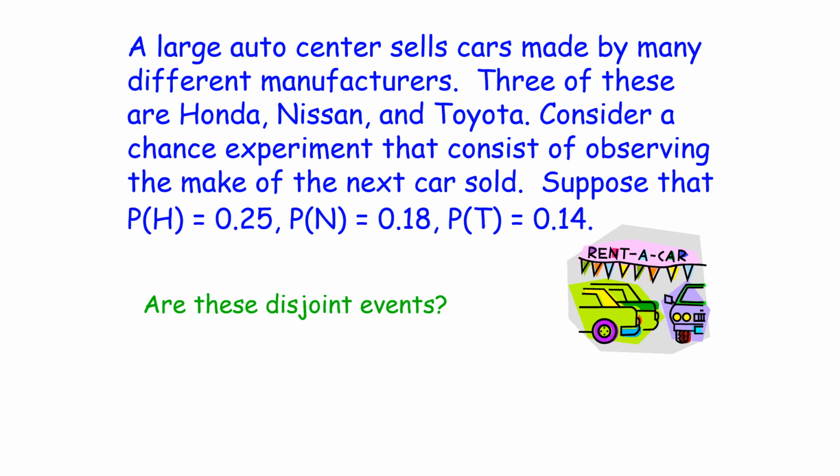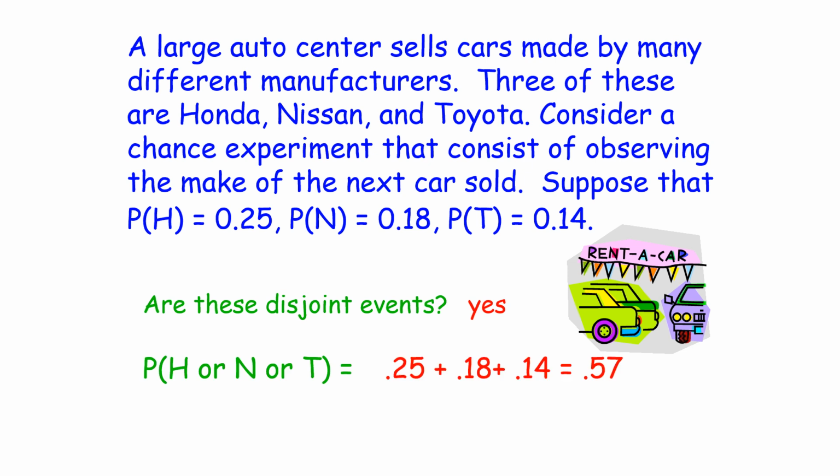Are these disjoint events? Yes, they are. So we have the probability of H or N or T. We can take the 0.25, the 0.18, and the 0.14 and add them together, and that's going to give us a total of 0.57.